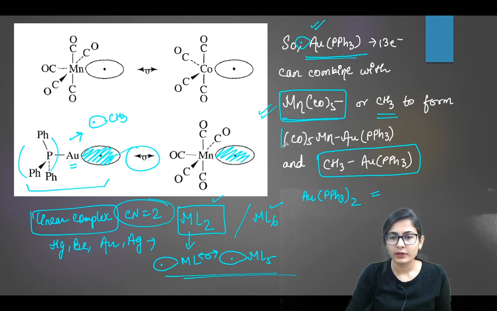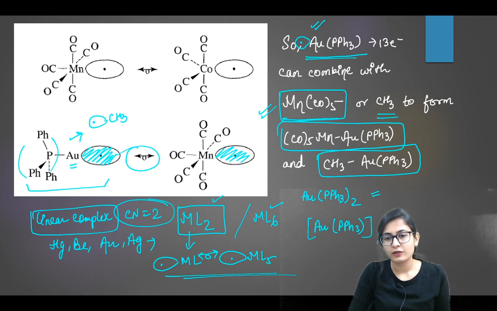It can also form a complex with a manganese pentacarbonyl attached, or a complex like this, PPh3 and Au twice, that is, there are two gold phosphine complexes like this, because again both of these are going to bring just one FMO orbital.